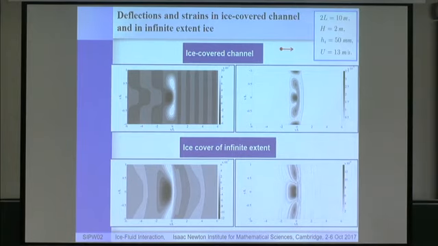So there's your ice-covered channel as against the ice cover of infinite extent. And it looks like up front, where the flexural part is, it looks to be quite strong. Is there some reason, or am I interpreting it wrongly? Is the thing reflected off the walls? I'm thinking of the reflection.